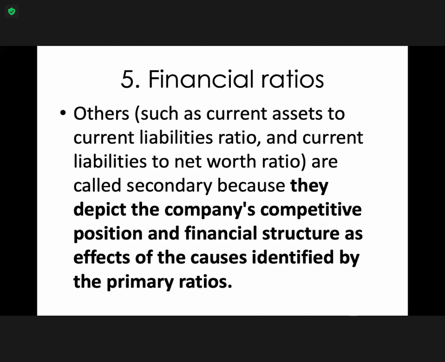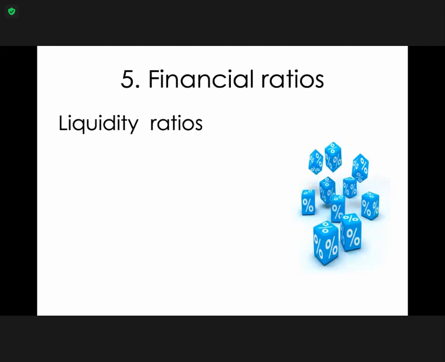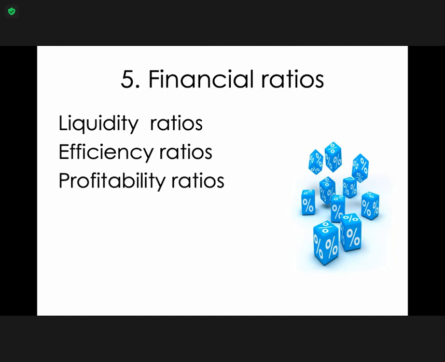There are lots of financial ratios, but there are four main groups that we will focus on. The first is the liquidity ratio, then the efficiency ratio, the profitability ratio, as well as the solvency ratio. We will study each group in turn later.